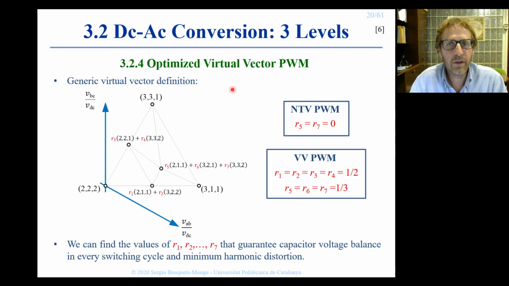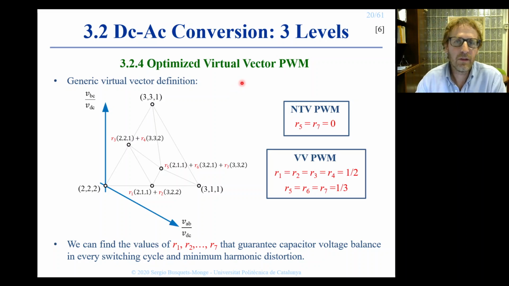So the question now is, can we do better? That is, can we obtain a new virtual vector pulse width modulation that is also able to keep capacitor voltages balanced, with a lower harmonic distortion, and maybe even a lower number of switching transitions?